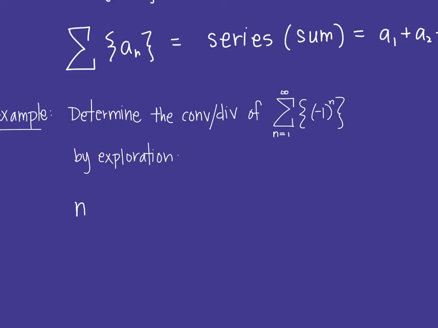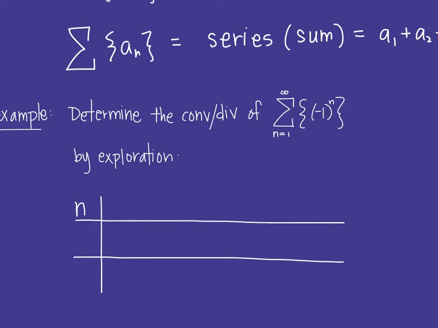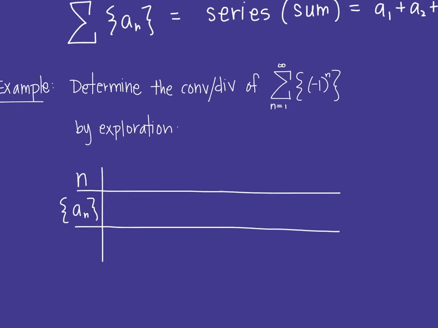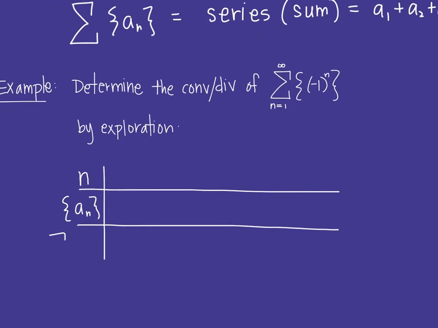Okay, so we want to make a little table, I think, to organize ourselves. Our table is going to have 3 rows to it. We'll have an n row, we'll have an a sub n row, and we'll have a sigma a sub n row.